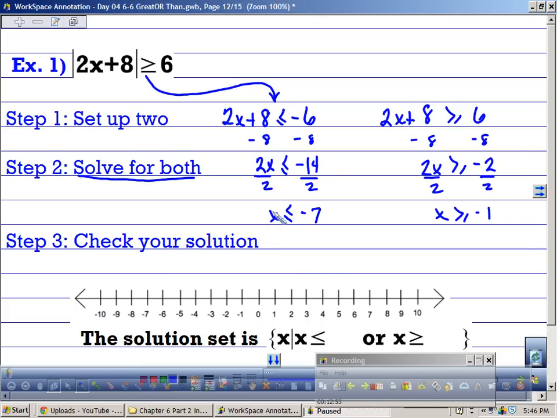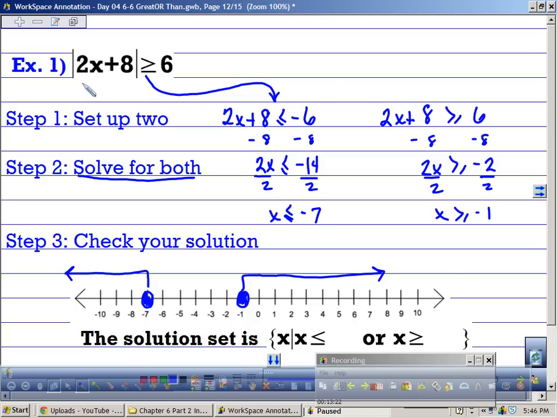So I have x is less than or equal to negative 7. So here's negative 7, less than or equal to. Let me go ahead and fill that in and go in the less than direction. And x is greater than or equal to negative 1. So here, and 1 greater than.